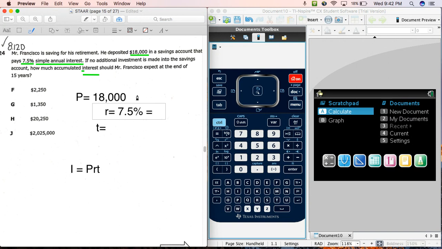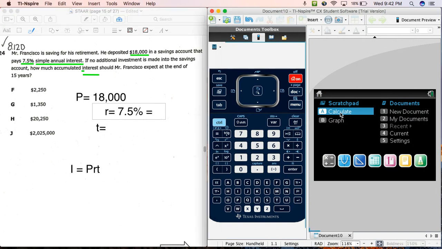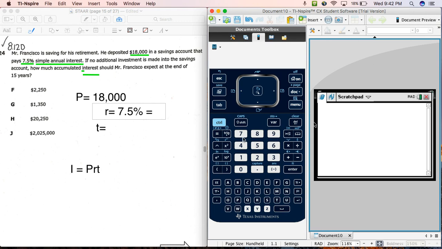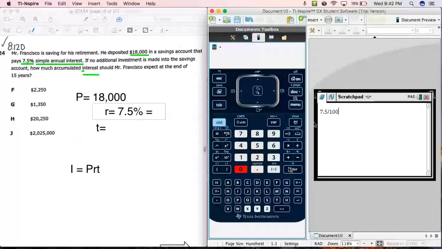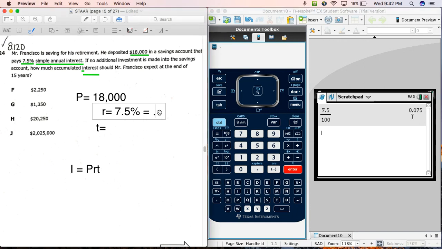So I'm going to go to my calculator and divide 7.5 by 100. I end up with 0.075 as my rate. This is the value that I'm going to use for my equation when I start plugging in.